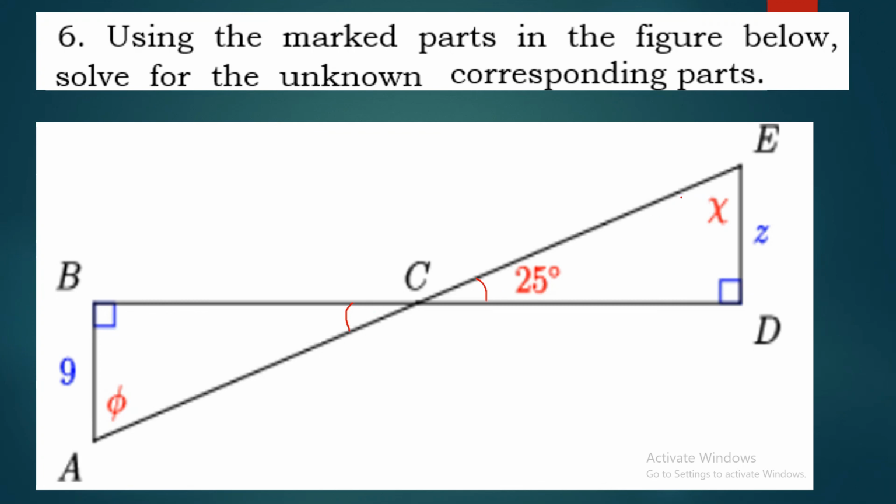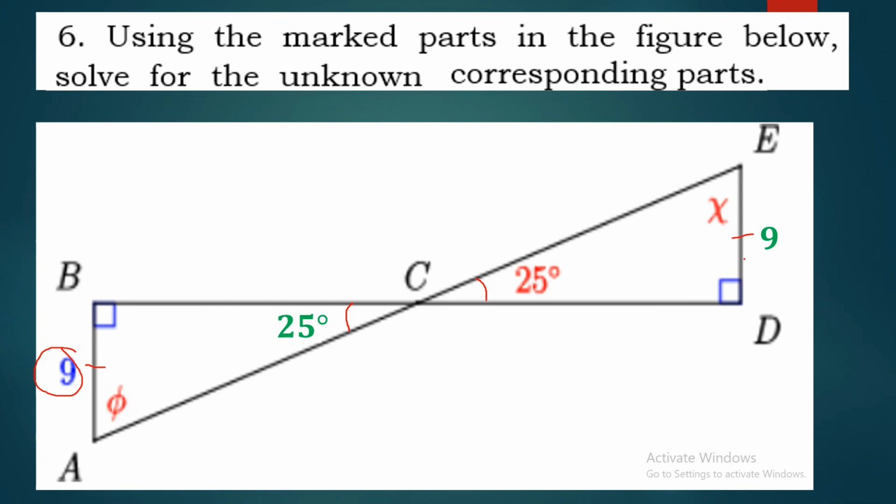Therefore, if angle ECD measures 25 degrees, it follows that angle BCA, or the value of theta, is equal to 25 degrees. Next, we have the value of Z. Take note that this side is congruent to this side. So if this is 9 units, then the value of Z is also 9 units.